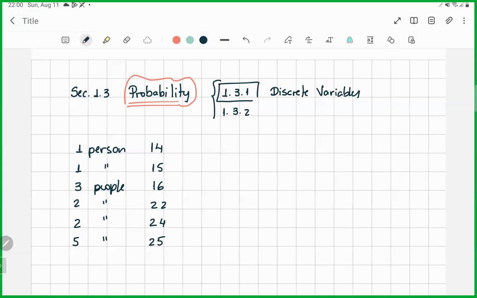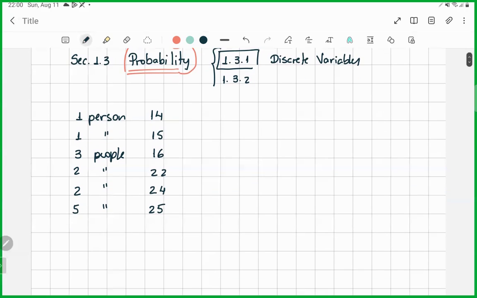Okay, so we have a class, a room with these 14 people, and we are going to be playing with some concepts such as probability, average value, variance, standard deviation, things that, as I said, you are probably already familiar with. Let's introduce some notation.